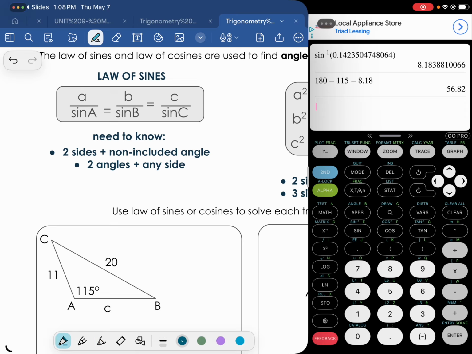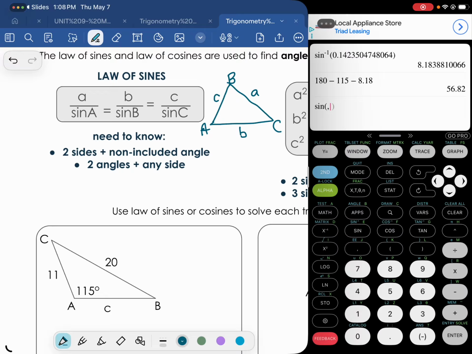Imagine you have a triangle. We're just going to draw a general triangle, not a right triangle, and we're going to mark the vertices A, B, and C. And then the sides across from them are going to be labeled the same way but with lowercase. So across from angle A is going to be side a. Across from angle B is going to be side b.